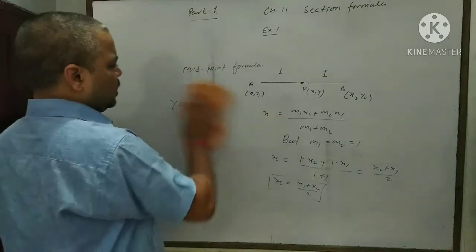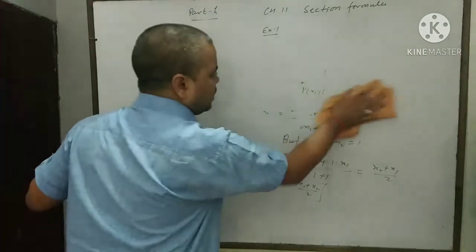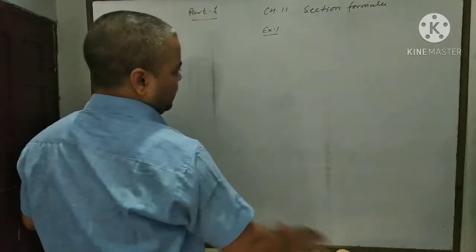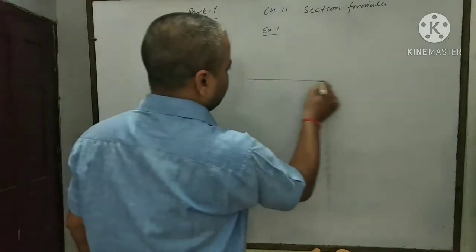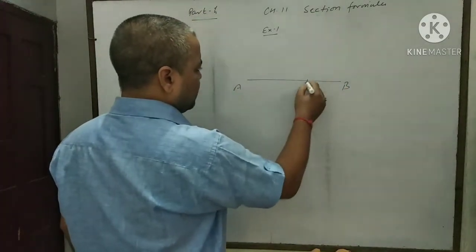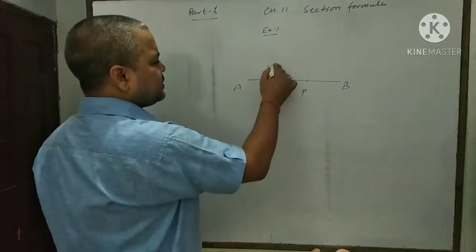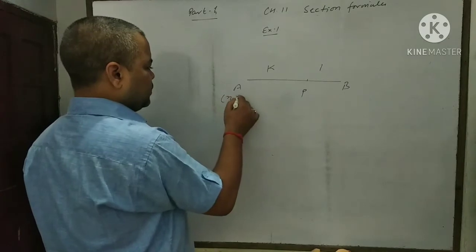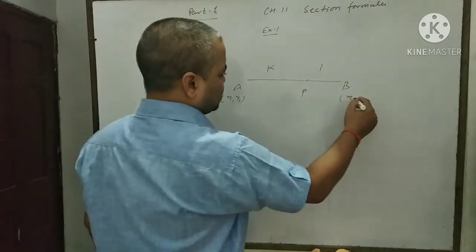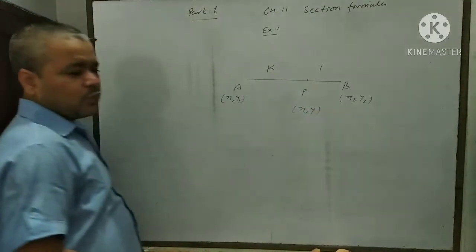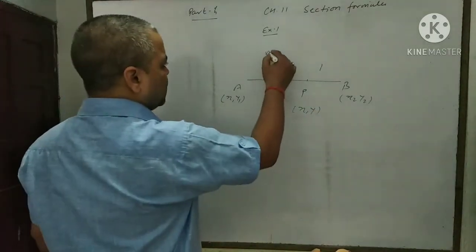the section formula in the form of K. What is the meaning of this? In the form of K. Let line segment AB be divided by point P in the ratio K is to 1. Here the coordinates are (x1, y1), (x2, y2), and P is (x, y).